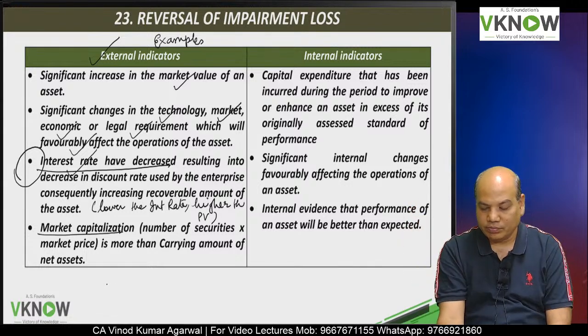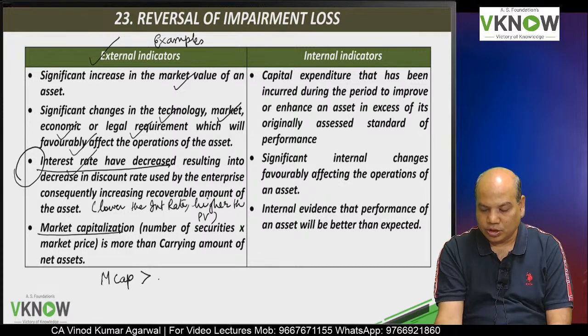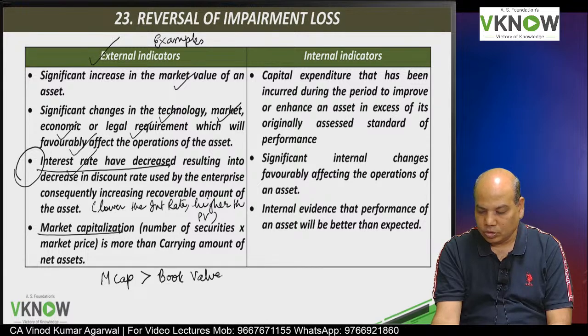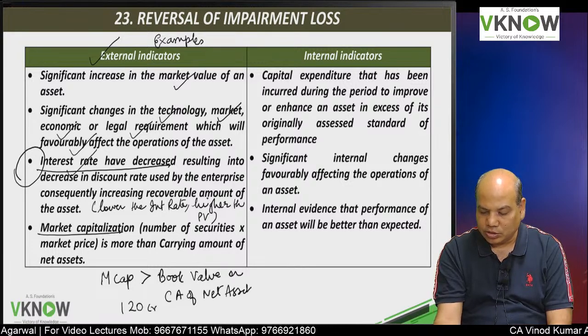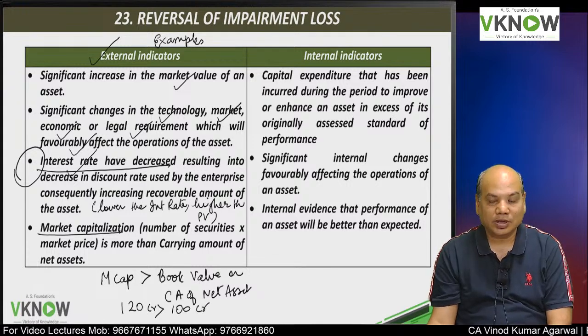And next is market capitalization is more than book value or carrying amount of net asset. For example, market capitalization is 120 crore and carrying amount of the net asset is 100 crore.